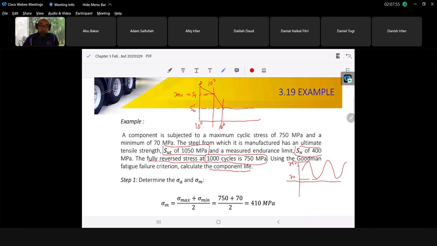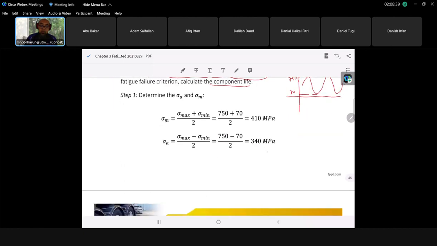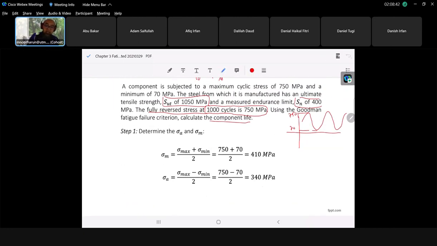Okay, kat sini kalau kita tengok, if you see from this equation, from the Goodman, okay, because we need this one.